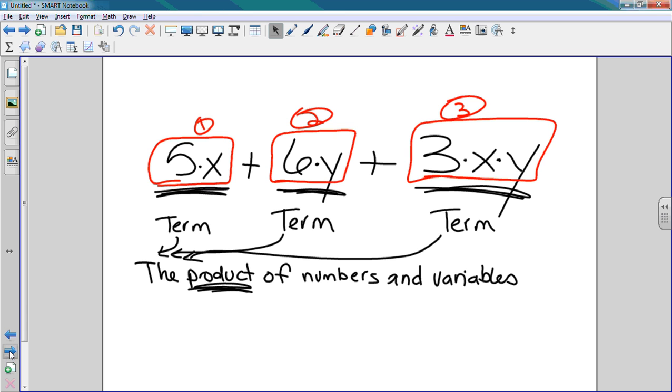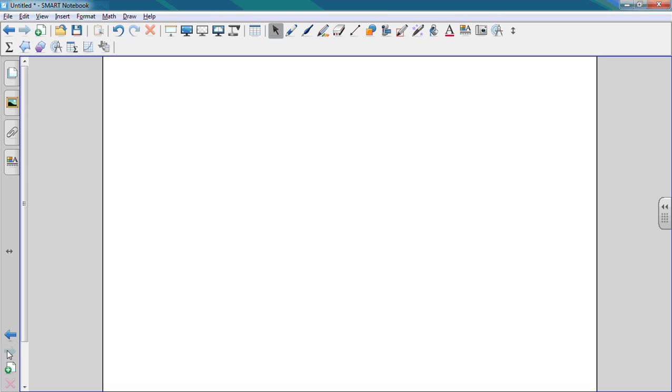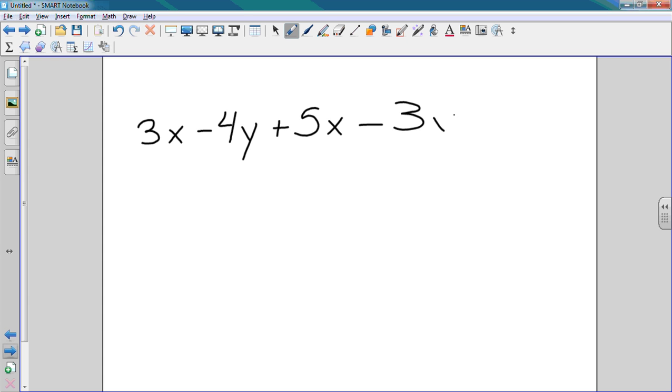Any questions on terms? Now, let's get a little bit more difficult. Suppose I have 3x minus 4y plus 5x minus 3y. Now, here is what I want you to do. You want to combine like terms and do exactly what we did in the homework for today.